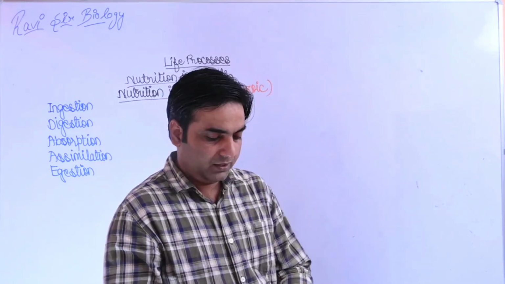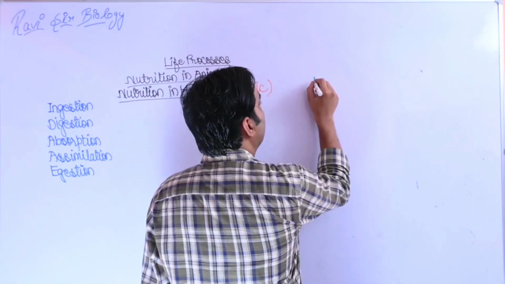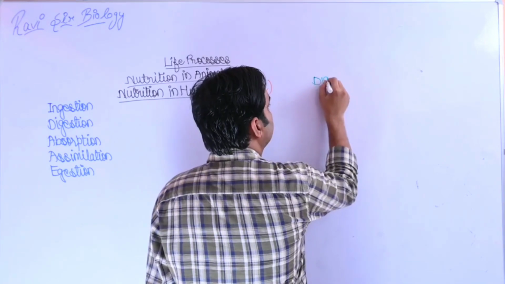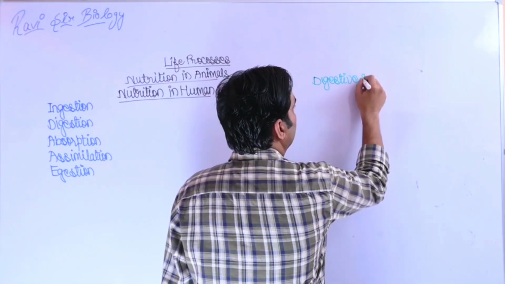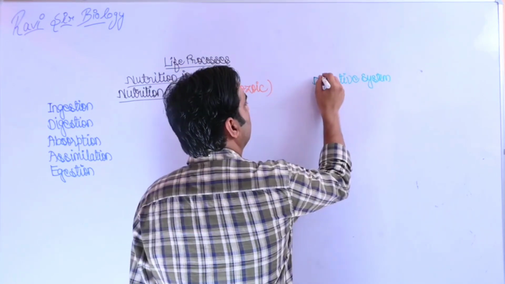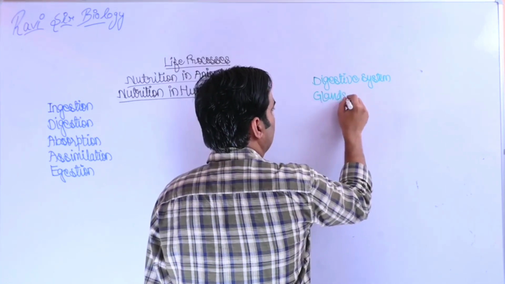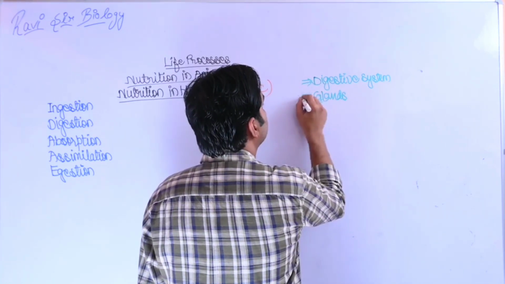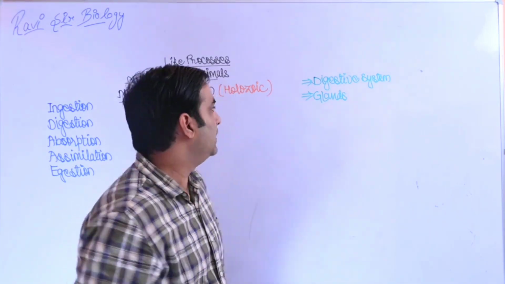Before the diagram we need to know 2 things. Human has a digestive system as well as glands. These 2 things are to be studied here so that things will be clear.